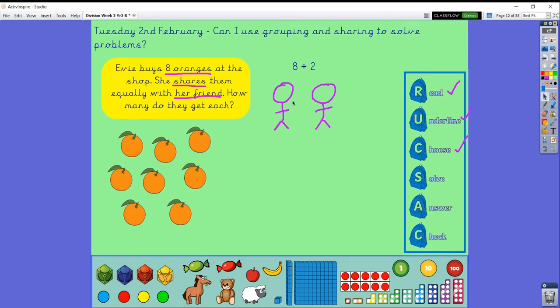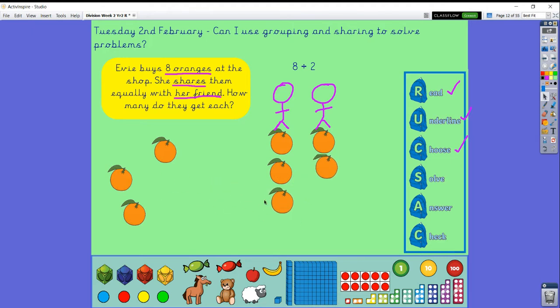So let's remember that sharing is 1 for Evie, 1 for her friend. 1 for Evie, 1 for her friend. So sharing is going 1 each until they've got the same amount, equal groups.